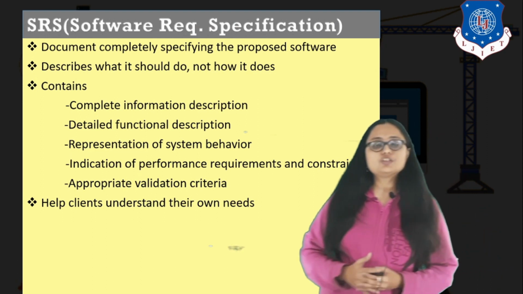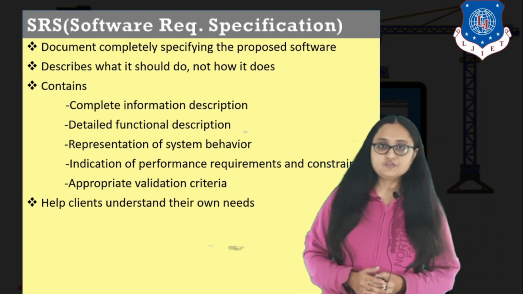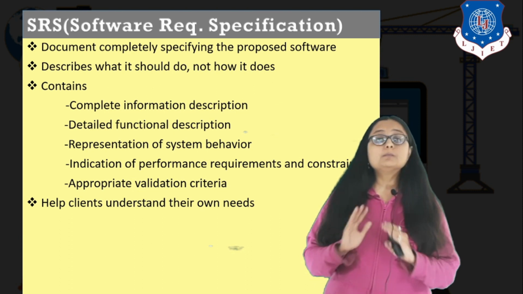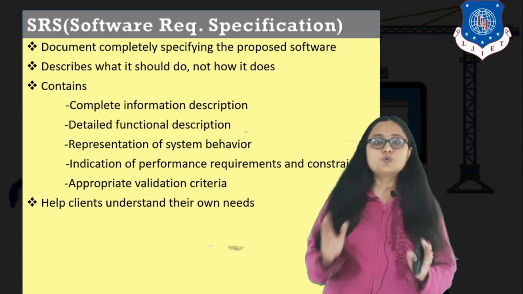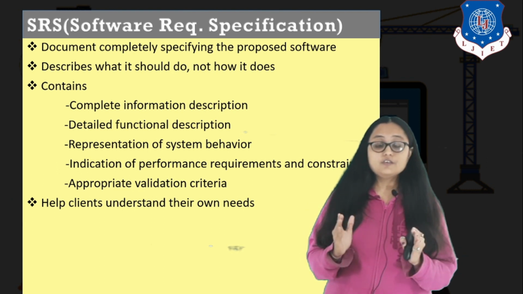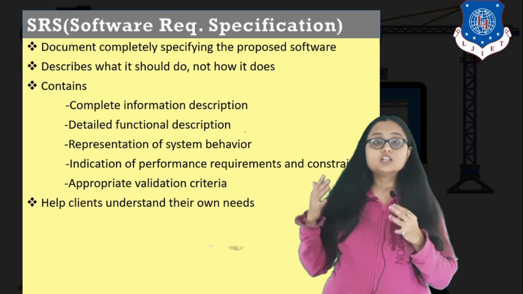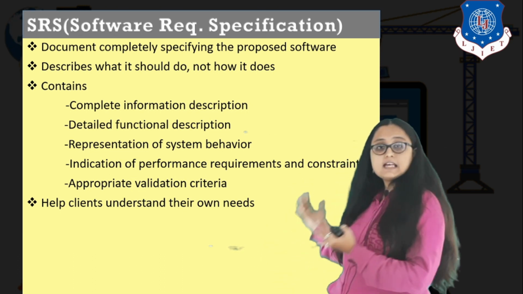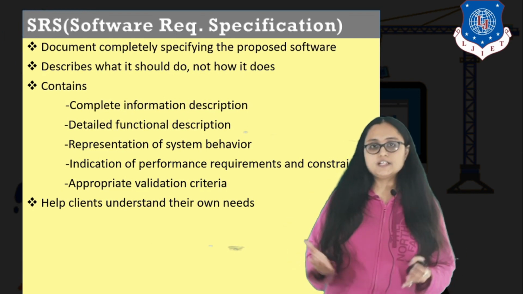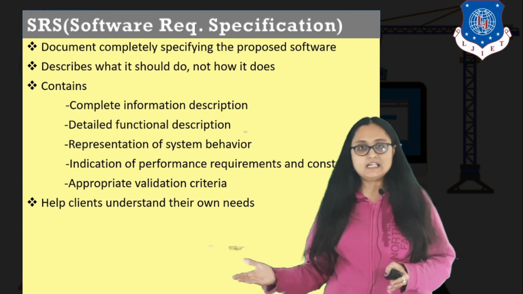Now the next topic is software requirement specification. That is nothing but a document which completely specifies the proposed software. So you are developing a software, and before starting the designing of the software, you must have your software requirement specification. We have already studied the 7 stages of requirement engineering, right?